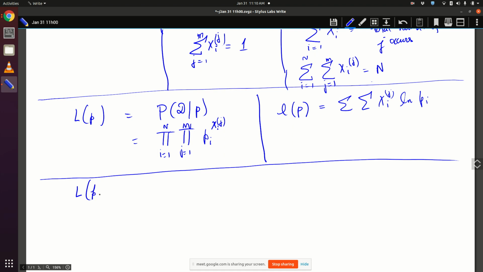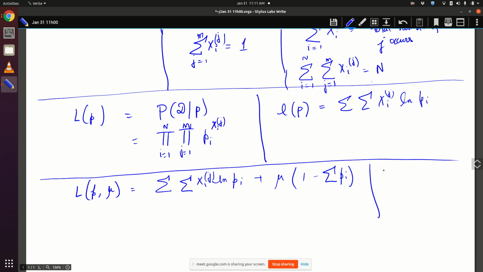Anyway, so what we do is we write this like this, and then plus mu times (1 minus summation pi). Okay, so then we try to solve this as an unconstrained problem, right? Why did we do this?